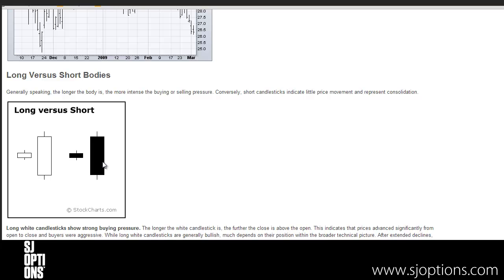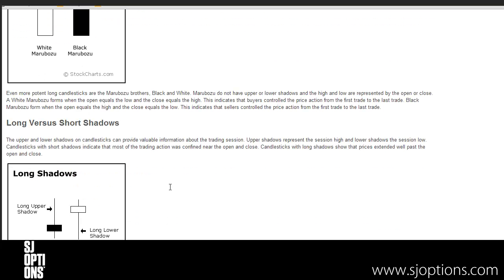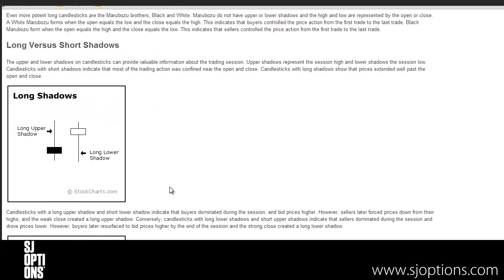So then as you scroll down through here, you'll see all the names that are used, and again, you'll notice a lot of the Japanese influence there. And then get into various types of patterns that show good examples of a market where things open and close pretty close together, but you can see the amount of price movement throughout the day was pretty significant.